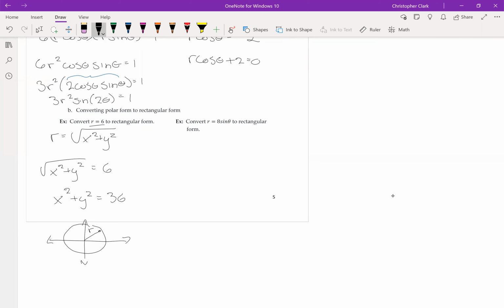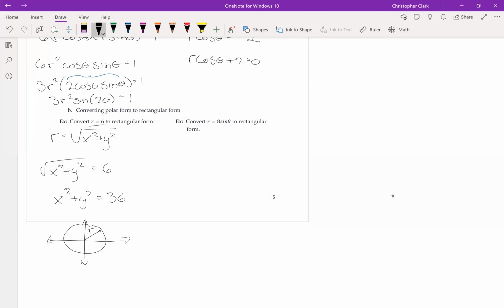But this is an interesting example. I said earlier that in some instances, polar coordinates are a lot simpler and cleaner than rectangular coordinates, and this is one of them, right? r equals 6 is just telling you a circle of radius 6, and x squared plus y squared equals 36 is telling you the same thing, but one of them is a lot cleaner than the other.